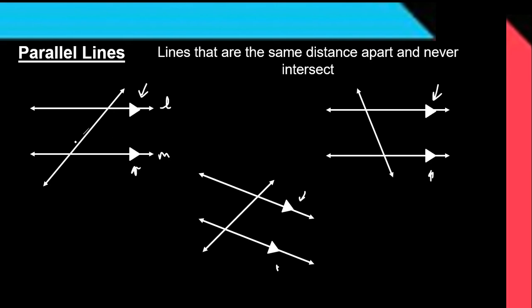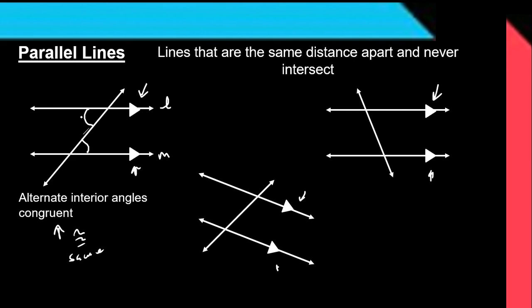If we have a transversal line that joins them together, we have some special angles that we can use. The first one we're going to look at is alternate interior angles. They are congruent. Congruent means that they are the same measure. An example is the inside angles: this angle and this angle are alternate interior angles.